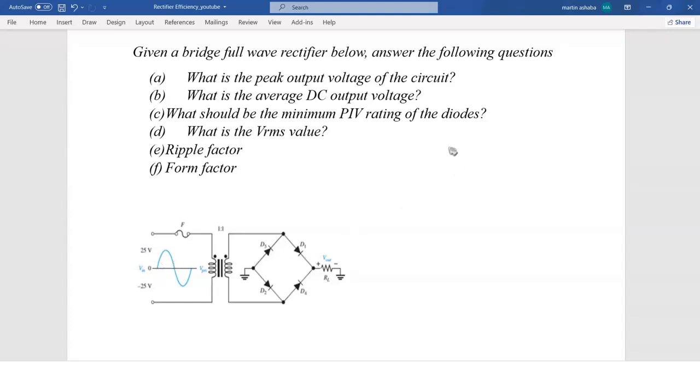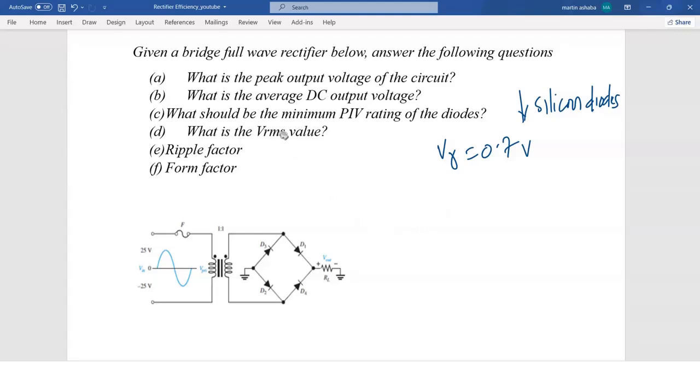We are also given that these are real diodes with a voltage drop of 0.7 volts. In some cases, they can say these are silicon diodes. When they say they are silicon diodes, you have to remember that these are real diodes and therefore there is a voltage drop of 0.7 volts.